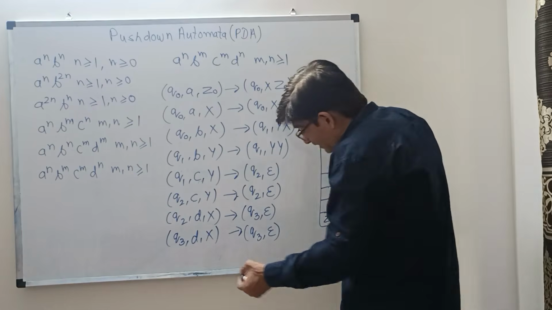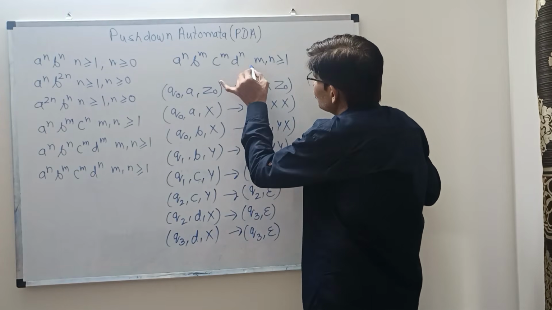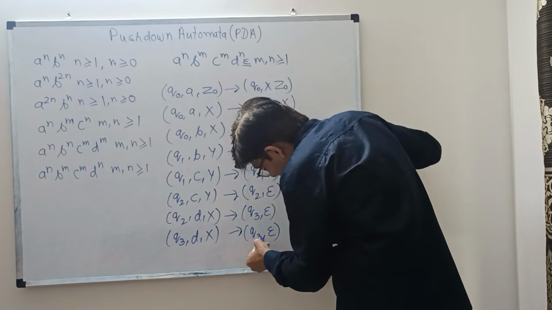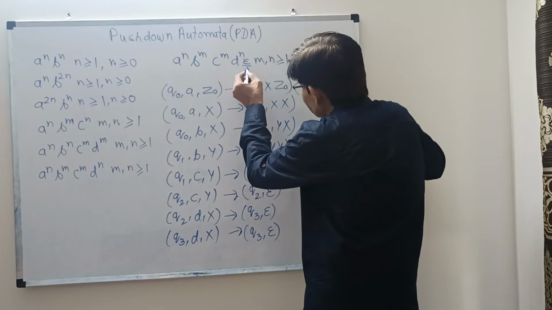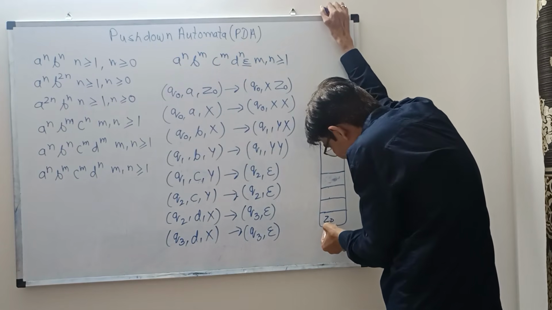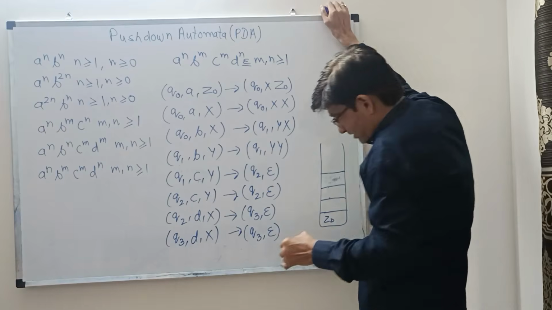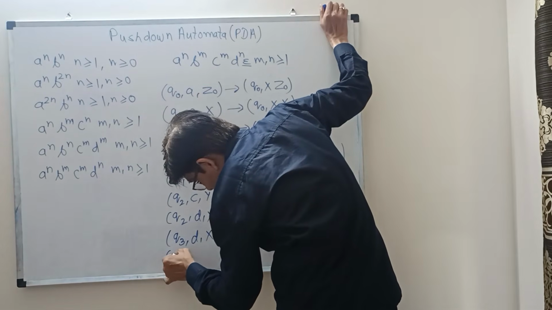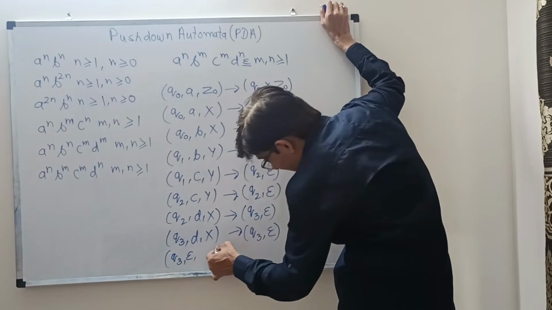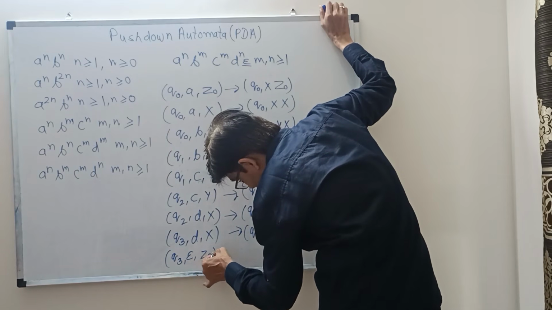Now, after reading all D's, you will be reading epsilon here. When you are reading epsilon, if A and D are the same, then the stack top must be Z0 only for a valid string. So on Q3, if you are reading epsilon, then the stack top must be Z0.